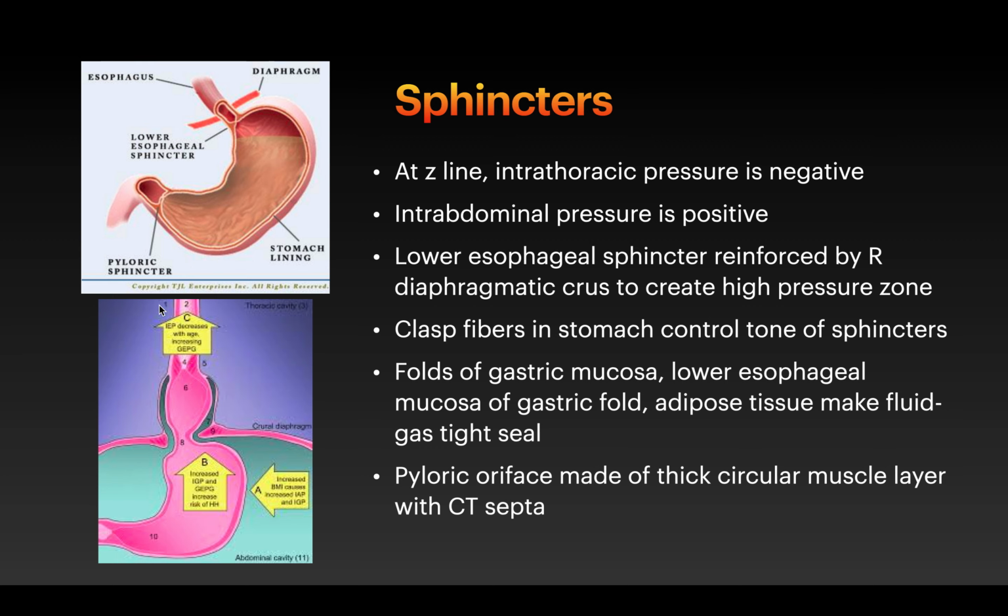So the pyloric orifice, like I said, is made of a thick circular muscular layer, but it also has things like the connective tissue septa invaginating in. So here you go, increasing pressure, and an increased BMI will cause an increased pressure and weakening of the sphincter, causing reflux to occur.